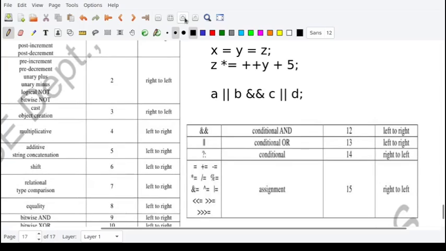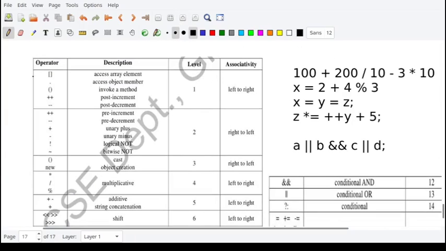As you can see, the highest precedence is for these operators, that is for square brackets, then dot is an operator for accessing objects, then for normal parenthesis, then increment operator, then decrement operator.